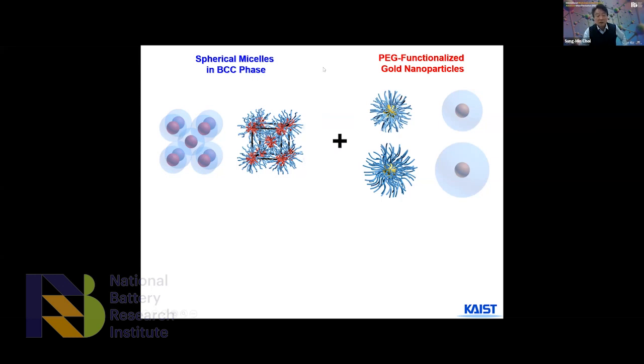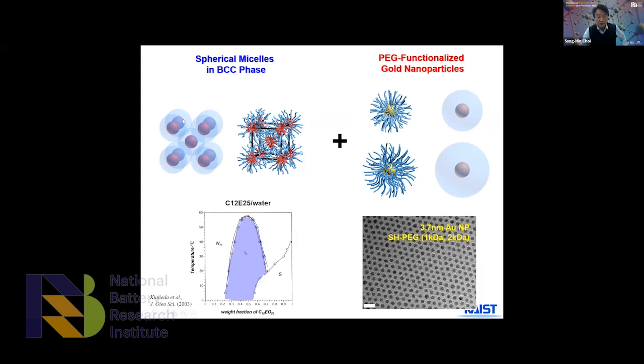So we did try this gold nanoparticle. Here, this surfactant system, C12E25, forms a spherical micelle and then body-centered cubic symmetry in this region. And these gold particles are functionalized with polyethylene glycol. Essentially, this functional group is the same as the PEG here outside of the surfactant.